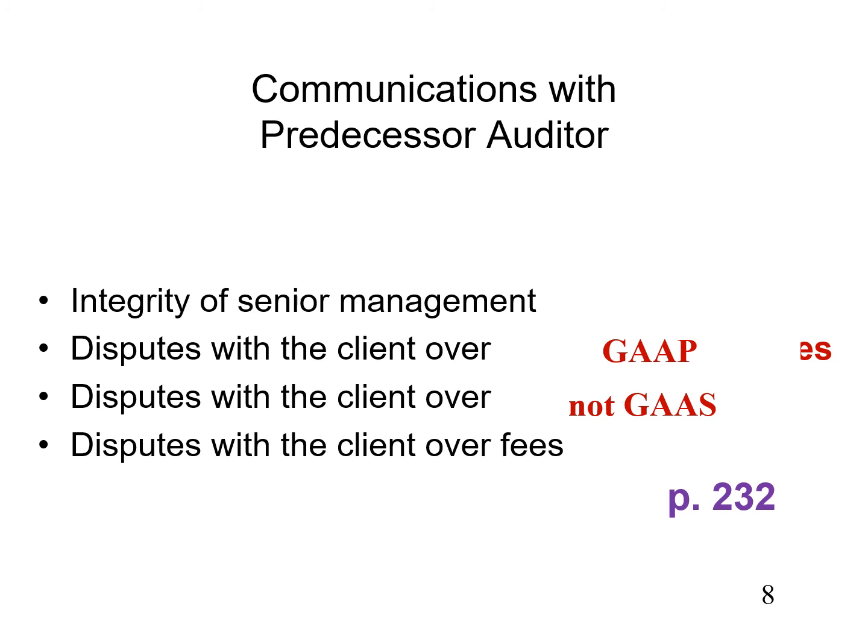GAS is not about audit procedures. GAS is about objectives. And the client is not responsible to be an expert on GAS. We are. So we may have disputes over which audit procedures we perform, but they've got no business telling us about GAS. Dispute with the client over fees.